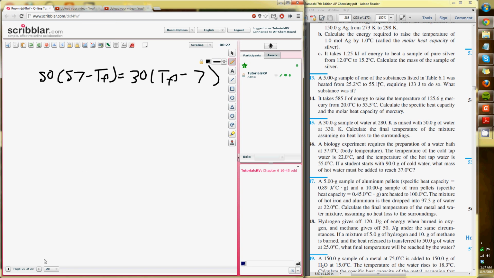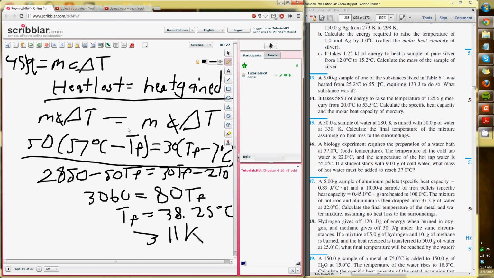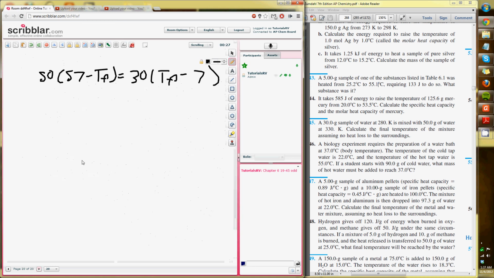The way you're supposed to look at it is heat lost equals heat gained. You look at it, it's the 50 grams of water at 330K. 330K was 57 degrees Celsius, and it mixed in with the 30 gram sample, which was at 280K.